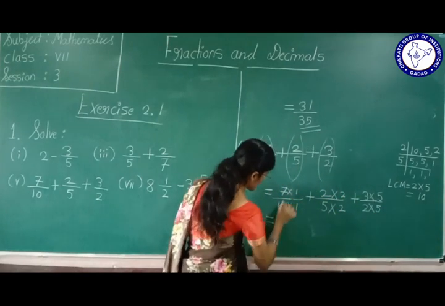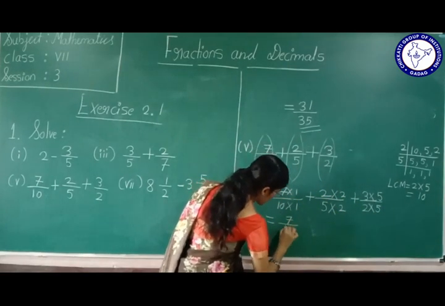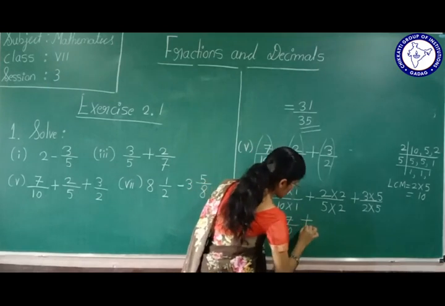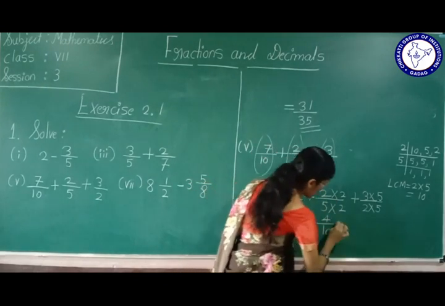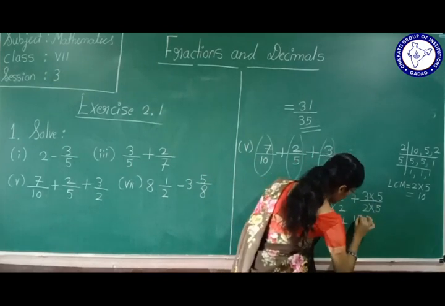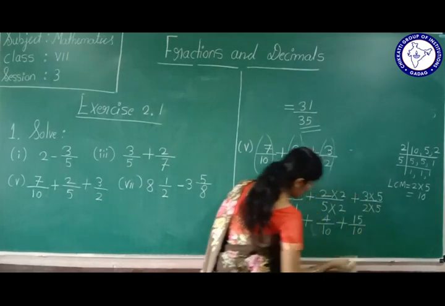Now see here. 7 ones are 7. 7 by 10 plus 2 2s are 4, 4 by 10, plus 3 5s are 15, 15 by 10.